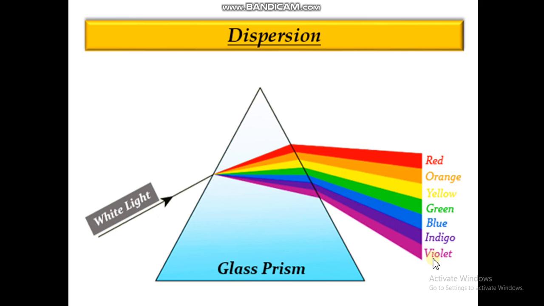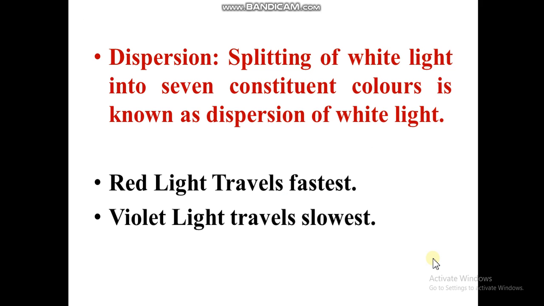So they travel at different speeds, and because of this the dispersion can be seen. The light does not travel at the same speed, and that's why light splits into different colors. That is known as dispersion of light.